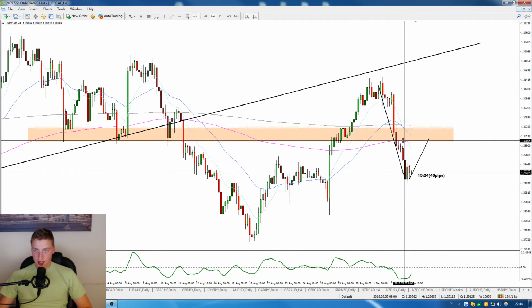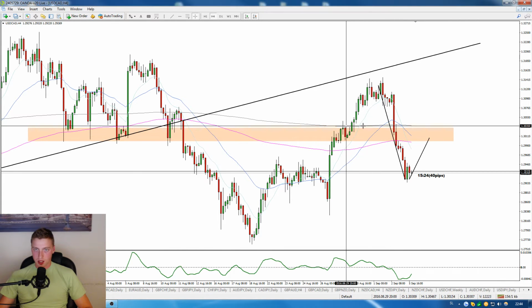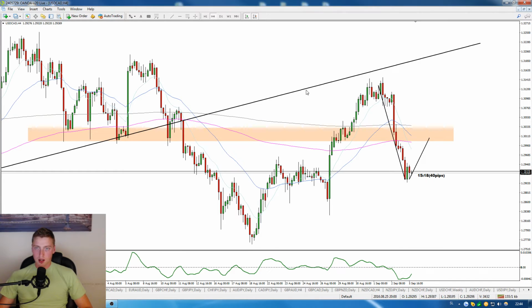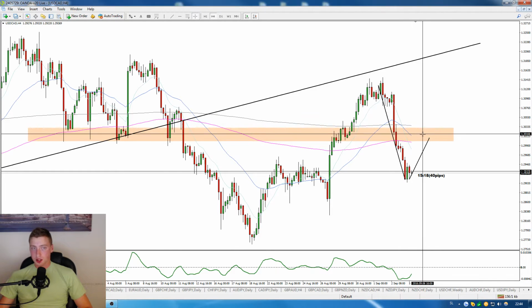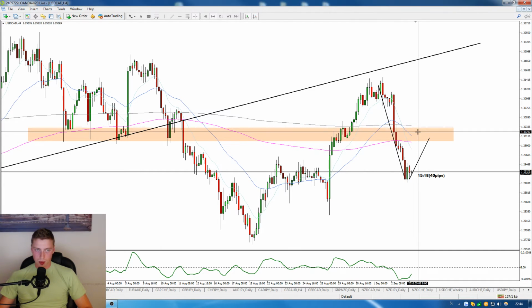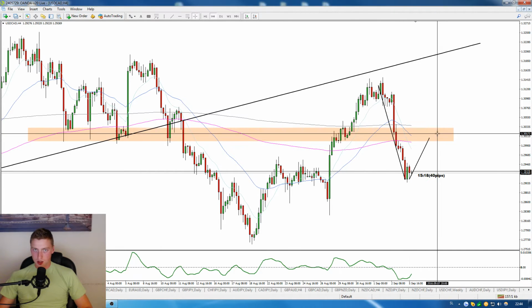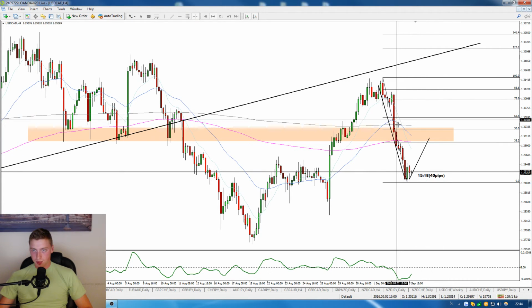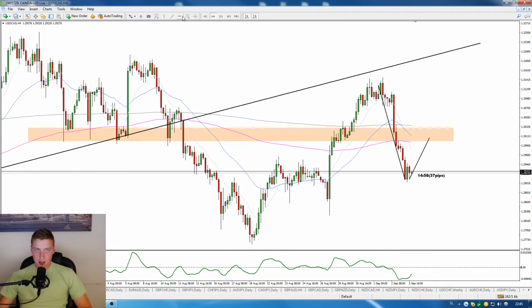EMA 200 might act as a resistance, 236 as well, 633 EMA as well. And of course, for conservative traders, as we said, stop loss above here, sell limit, or wait for a candle right in this zone. Also Fibonacci retracement of 50%, maybe some sort of a spike to 61. However, that's it. Take profits are in this zone.